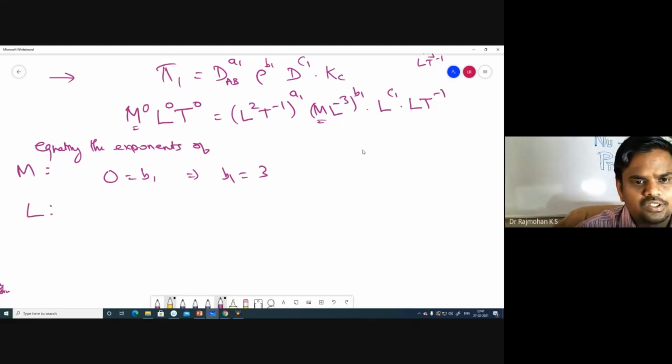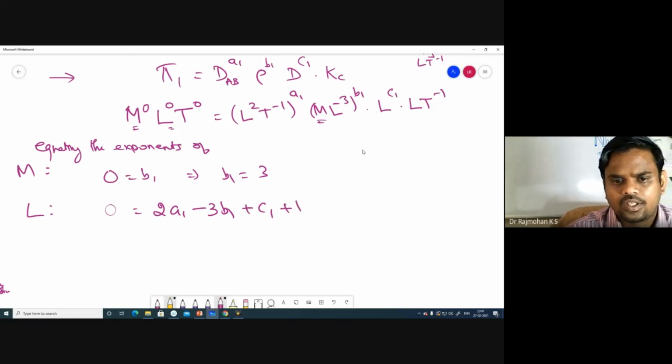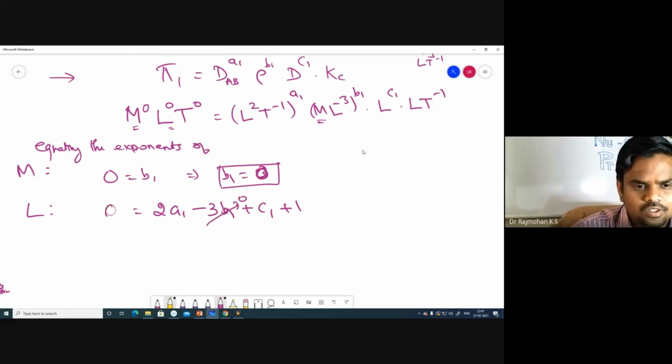Comparing the dimensions of L, the left hand side is 0. Here it is 2a1, here it is minus 3b1, here it is c1, and it is plus 1. Since b1 is 0, that term is 0.